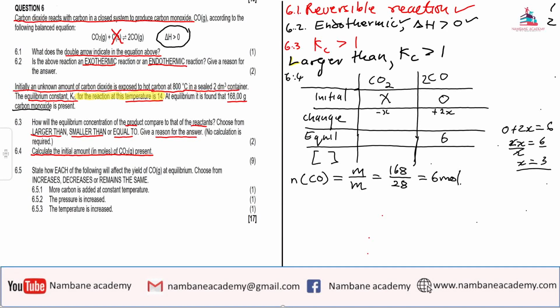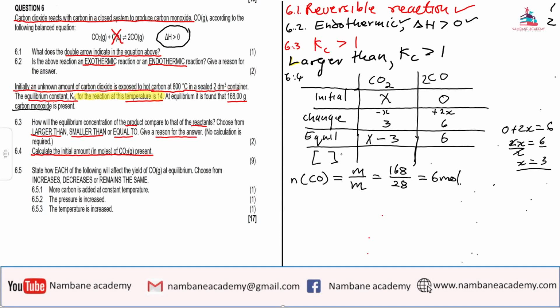So everywhere I see an x, I am going to put a 3. Here it is going to be 6 because it will be 2 multiplied by 3, that is 6. Here it will be just 3. But what do I know at equilibrium? At equilibrium, I'm going to have x minus 3, and I have now the 6.